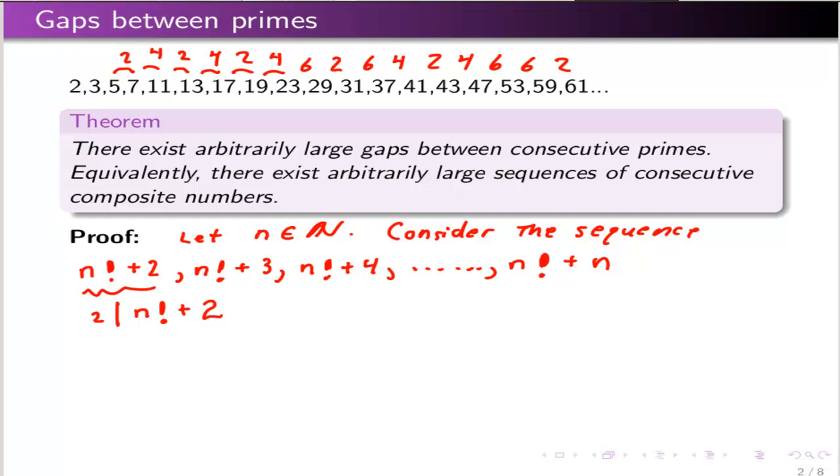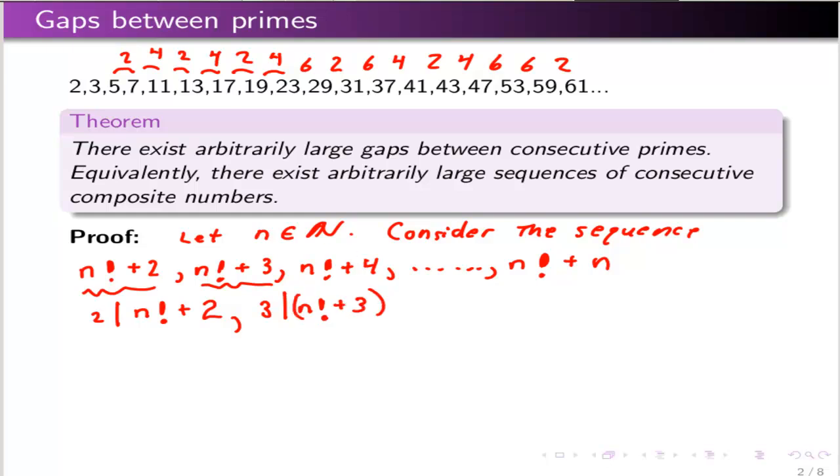And that's my assumption, since I stop at n factorial plus n here. How about the second number? Well, as long as n is at least 3 in size, there will be a 3 sitting inside of the n factorial. So 3 is a divisor of n factorial plus 3.